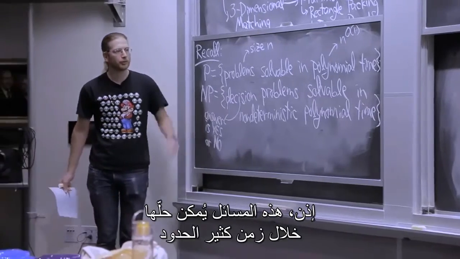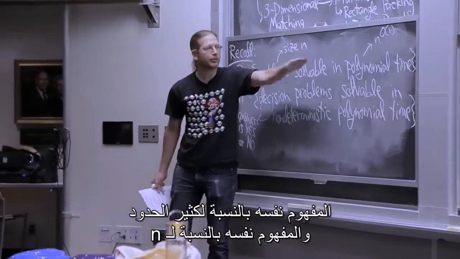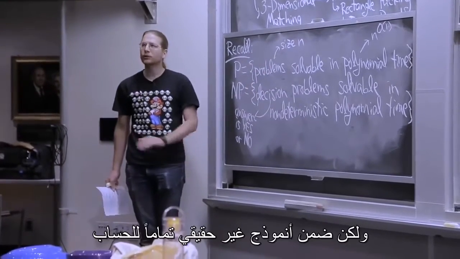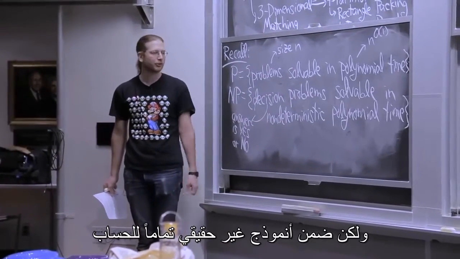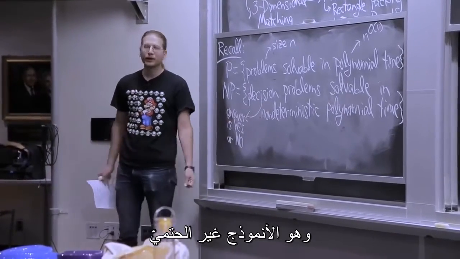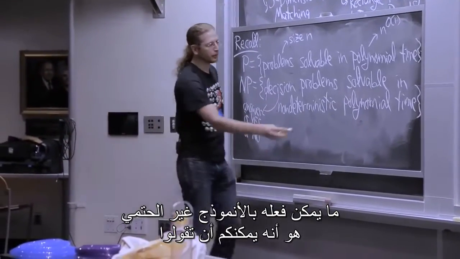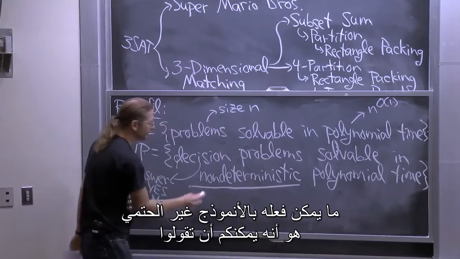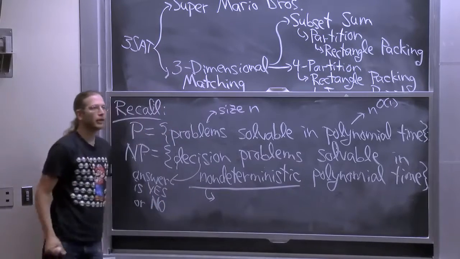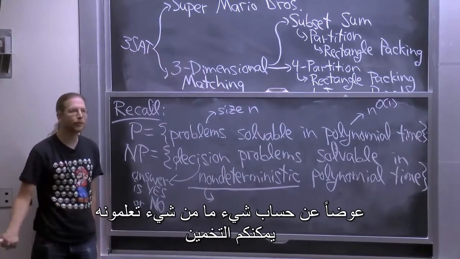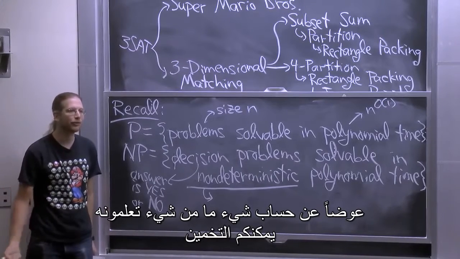So this is problems you can solve in polynomial time. Same notion of polynomials, same notion of n, but in a totally unrealistic model of computation, which is a non-deterministic model. In a non-deterministic model, what you can do is say, instead of computing something from something you know, you can make a guess.